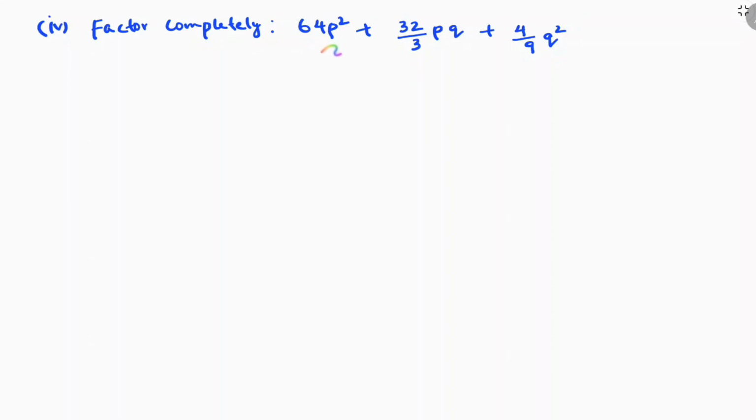Factorize completely 64p square plus 32 by 3 pq plus 4 by 9 q square. So here 64p square plus 32 by 3 pq plus 4 by 9 q square.